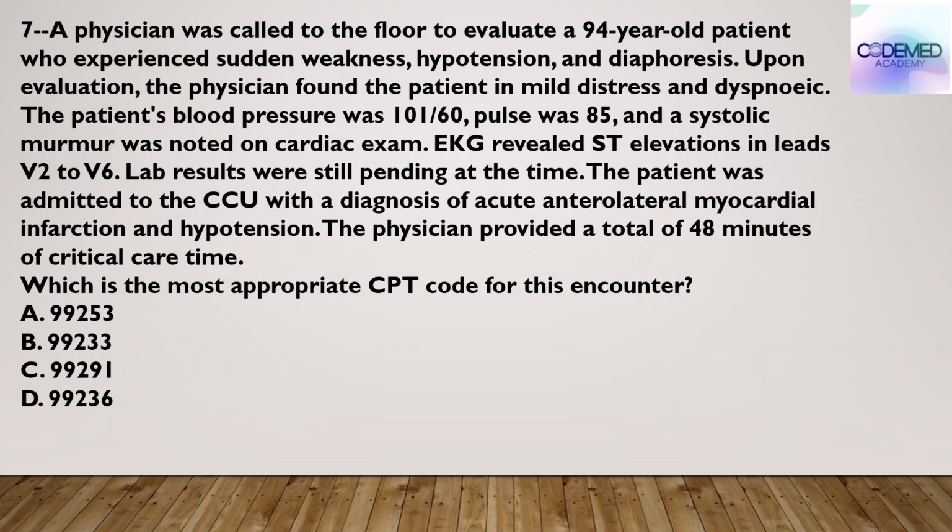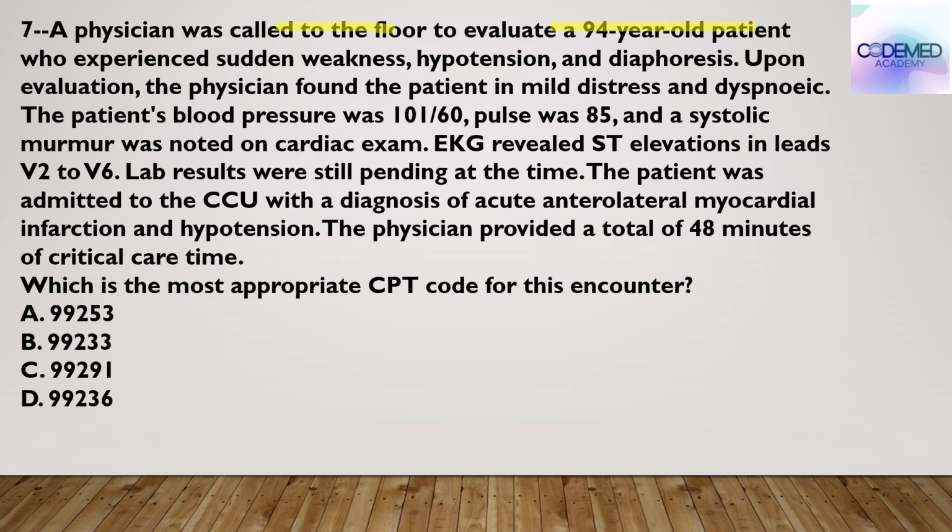Question: a physician was called to the floor to evaluate a 94-year-old patient who experienced sudden weakness, hypotension, and diaphoresis. Upon evaluation, the physician found the patient in mild distress and dyspneic. The patient's blood pressure was 101 over 60, pulse was 85, and a systolic murmur was noted on the cardiac exam.